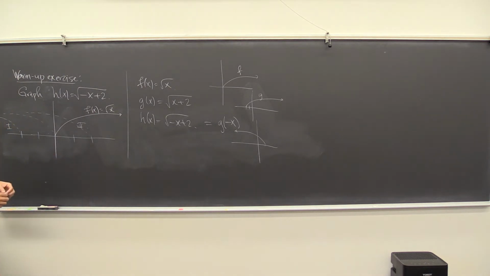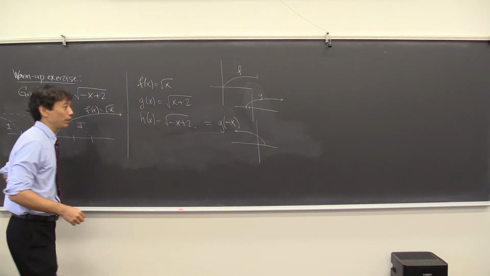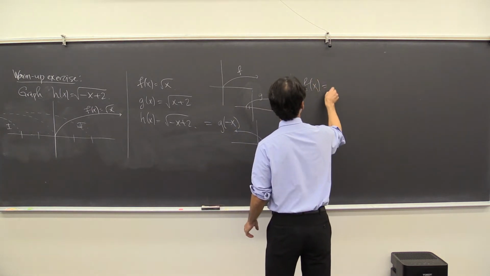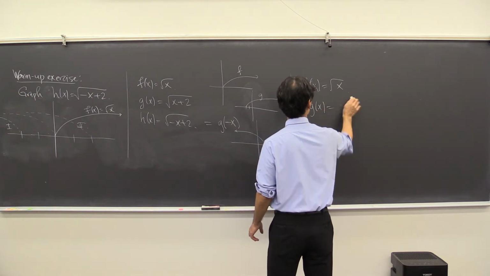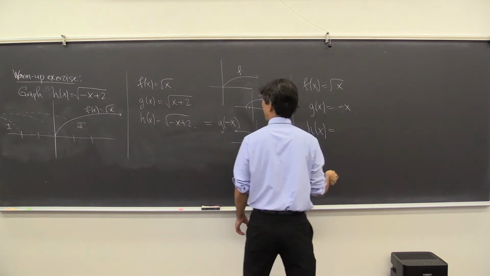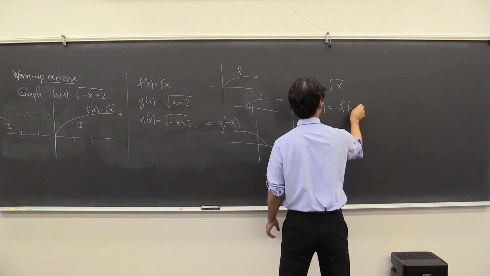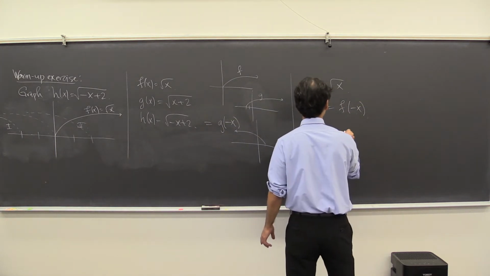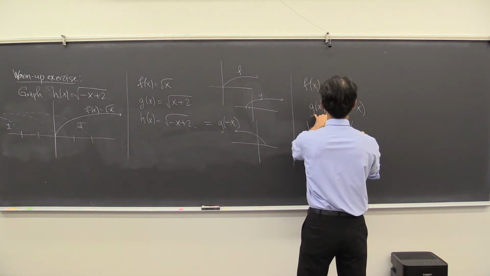The thing that's a little bit tricky here is that you can actually do this in a couple of ways. You could also say it like this. You could say, let me let g of x be f of negative x. And then my h of x is going to be g of what?